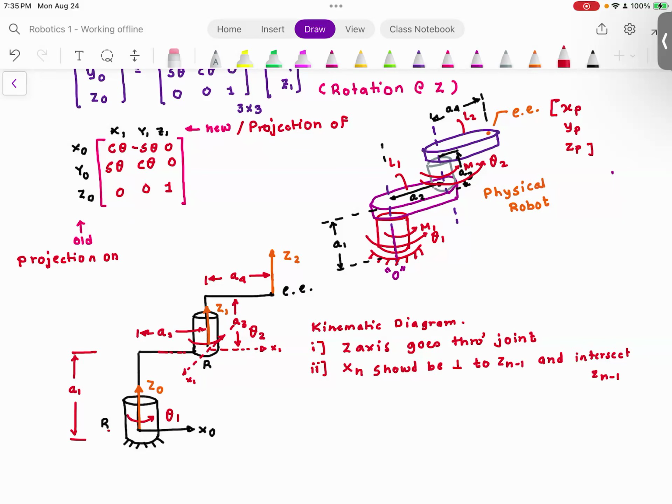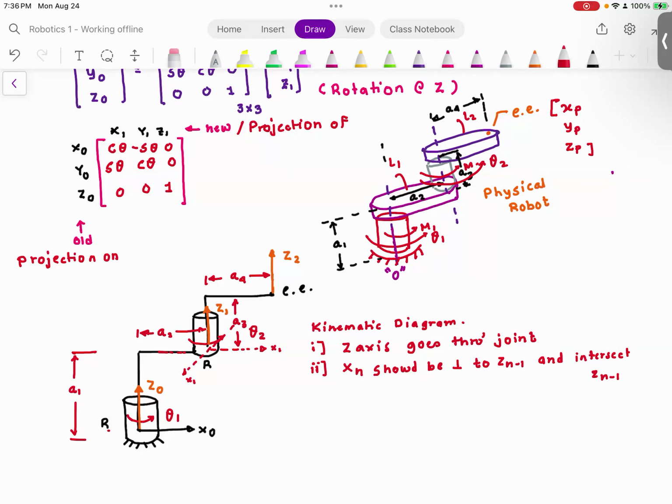Please understand, X1 needs to cross Z0, and this X1 does not cross Z0. So this X1 crosses, this X1 crosses. Since I have X0 in this direction, let's assume this as X1.